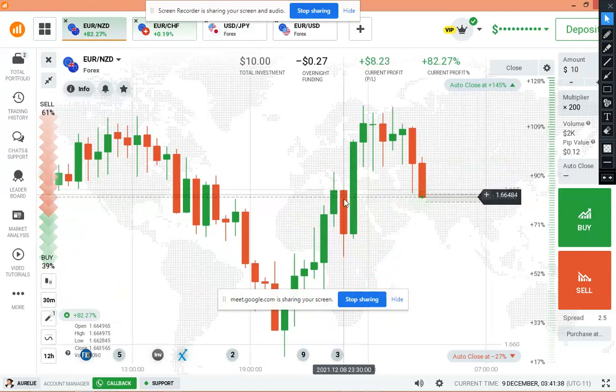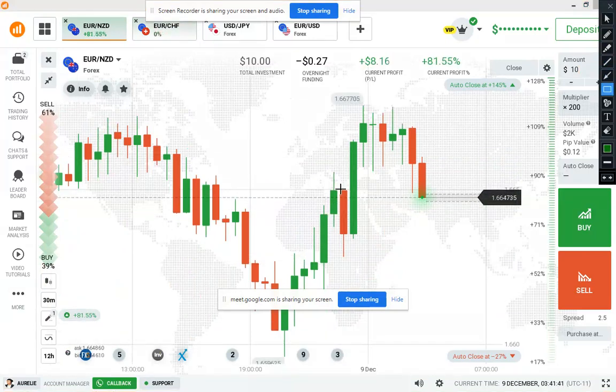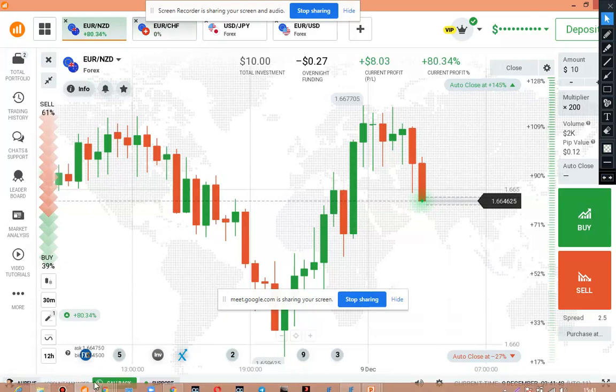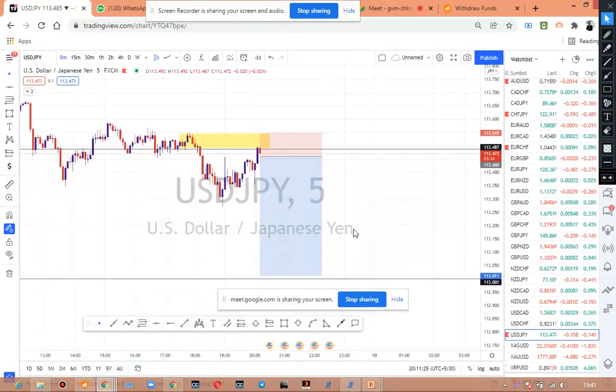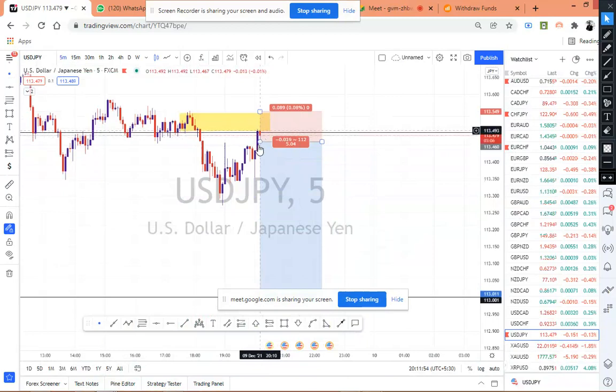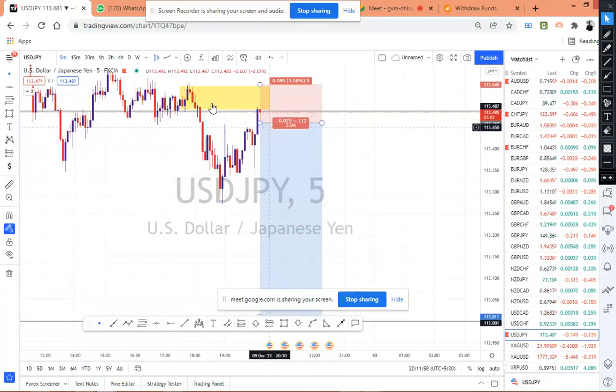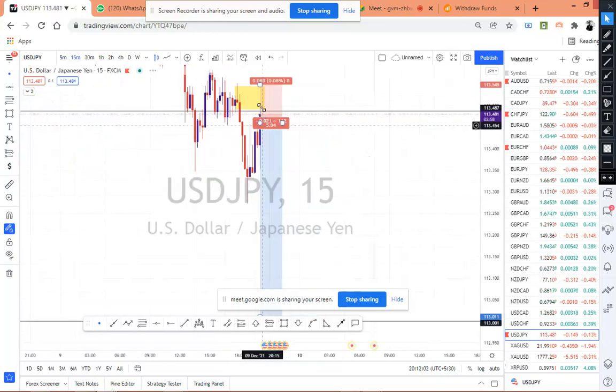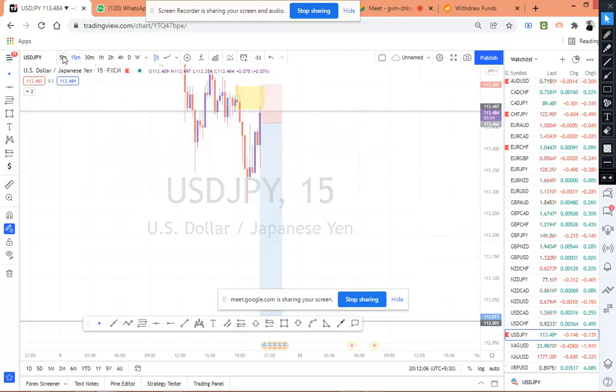Here I can see a demand zone. So if the market violates this demand zone, I will close the trade instead of allowing the trade to go more down. What I'm waiting for is a red candle here. That red candle will look like a rejection on the 15-minute time frame.